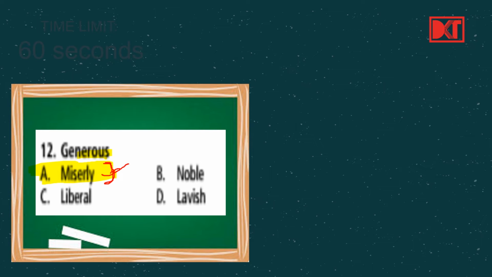Whereas other words like generous means someone who's large-hearted, and then noble as well, someone who does good deeds, liberal, one who's free, lavish, who spends well, and luxuries. So all these four can be said to be synonyms in one sense.